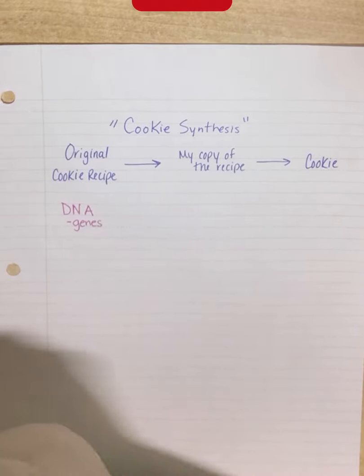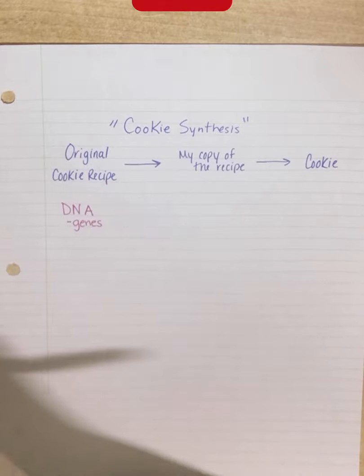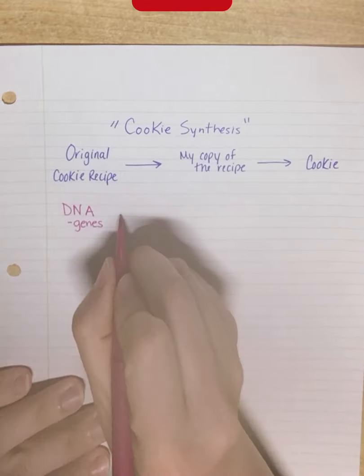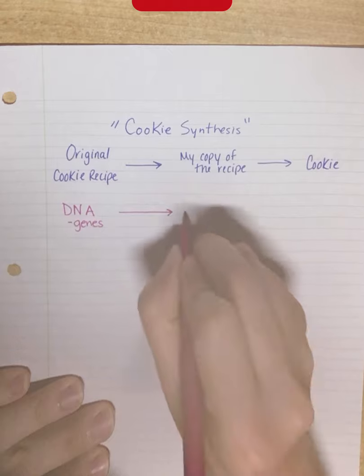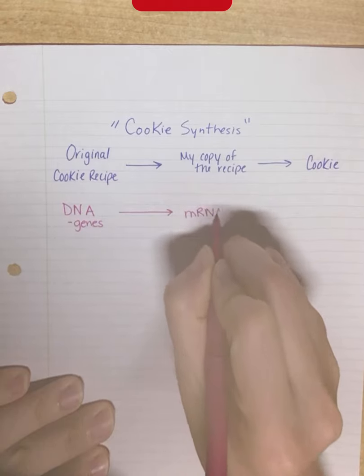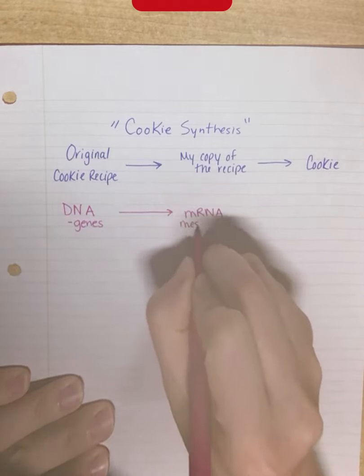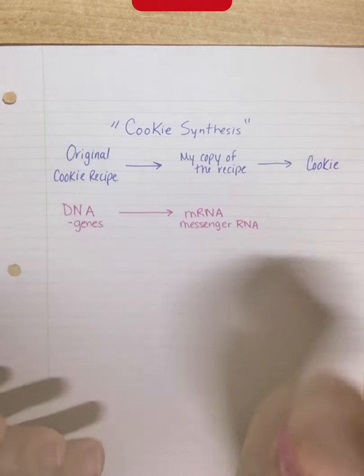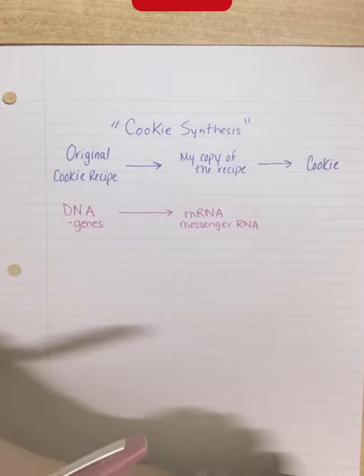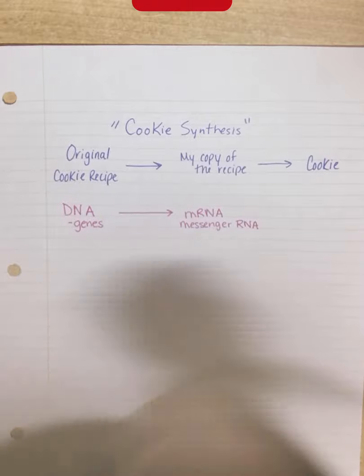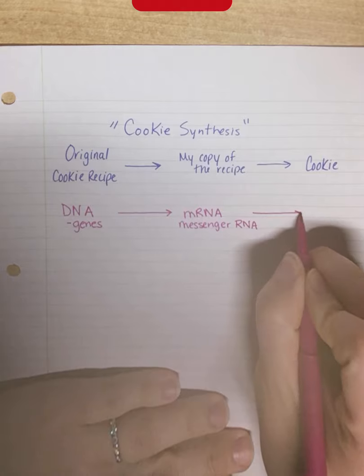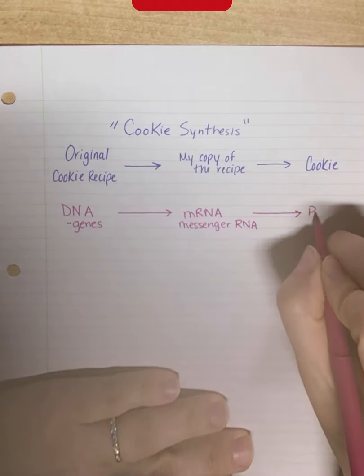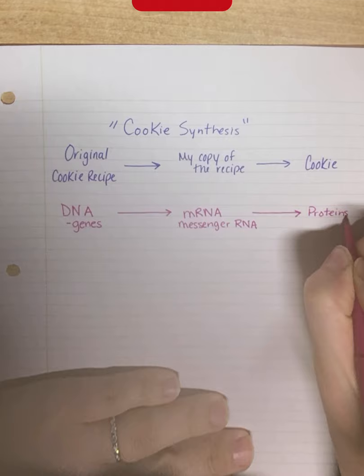Now, we don't want the DNA to get damaged or to get lost. So just like in my case, we have to make a copy. The copy that we make is called mRNA, our messenger RNA. And that mRNA strand has all of the instructions that we need in order to put together the amino acids to build our proteins.